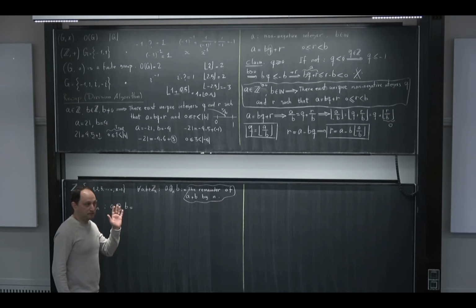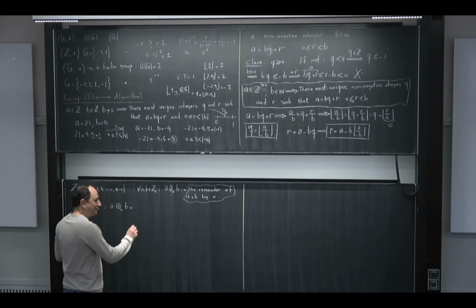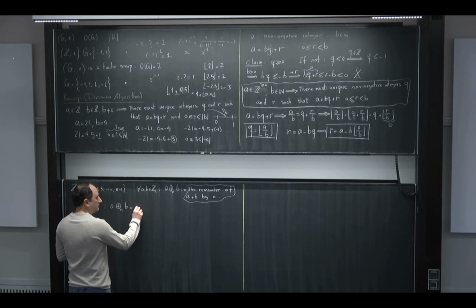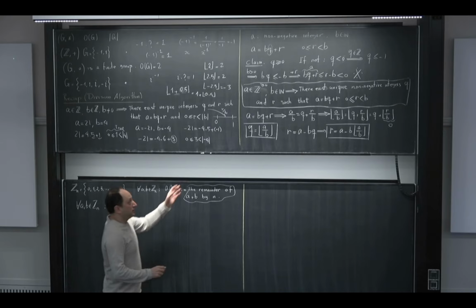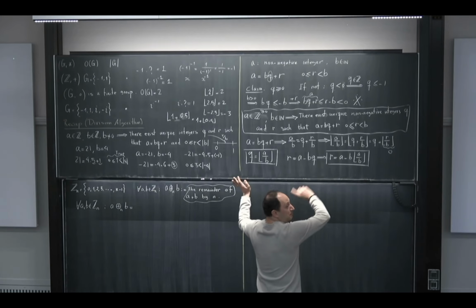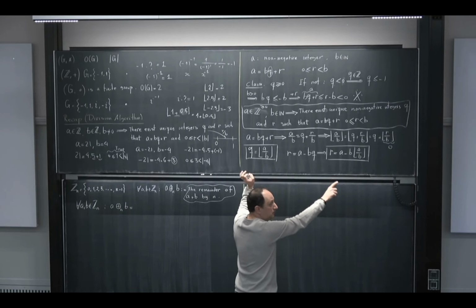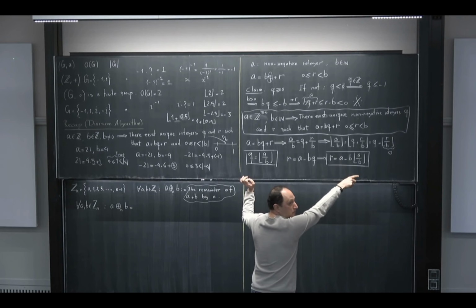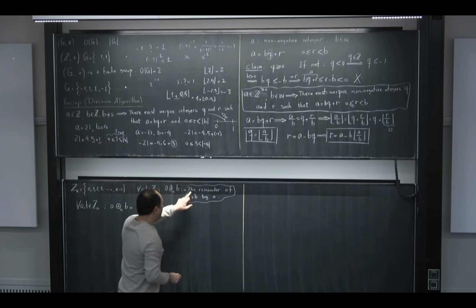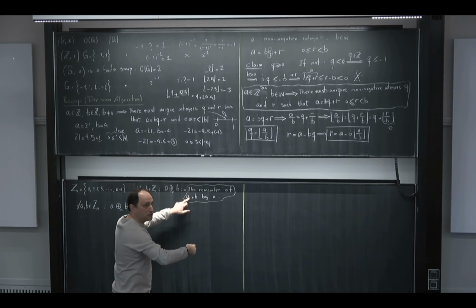Anyone else? Yes, John? You just put in the formula, right? You read it for me. A minus B floor of A divided by B, right? Because that's what the remainder is, right? This is the remainder of A by B. This is the remainder of A plus B by n.